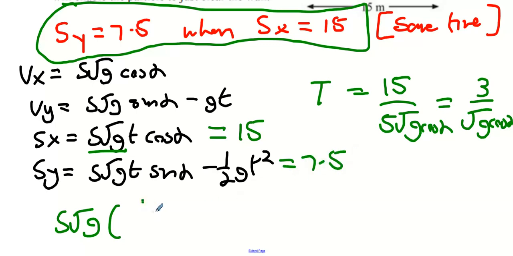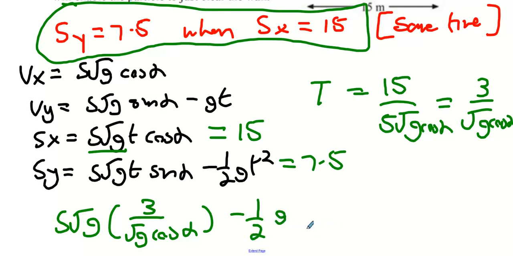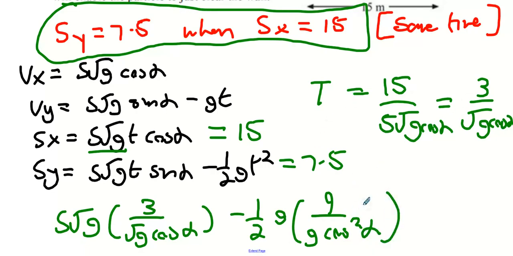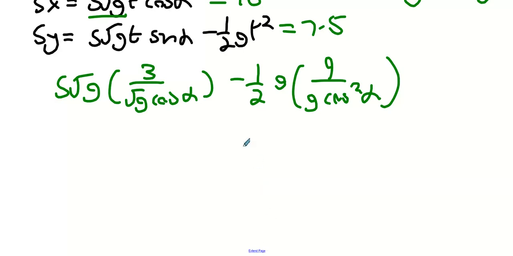So that's 5 root g sine alpha times 3 over root g cos alpha, minus a half g. Square that out. When we square that, 9 over g cos squared alpha. Everybody happy enough with that? I squared the time value here. Now what cancels? Root g and root g.